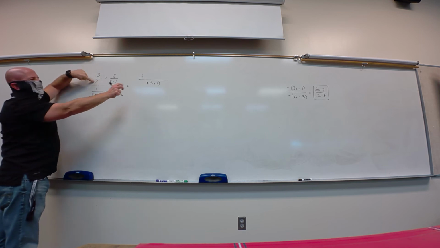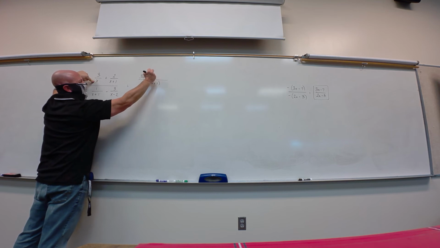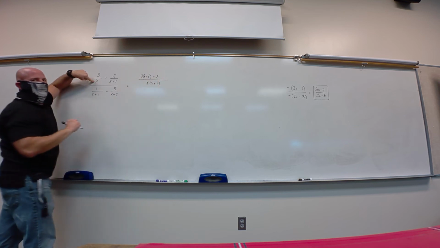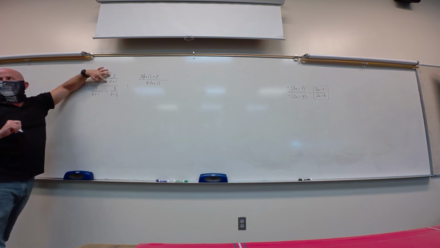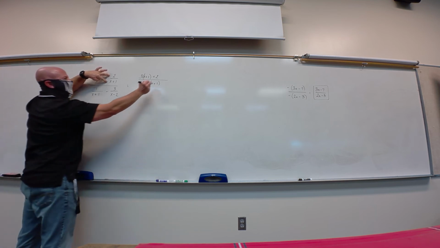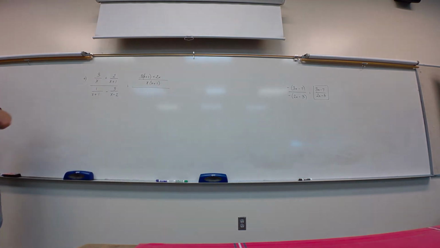Okay, I have an x. I look at my common. I need the x plus 1 with the 3, plus 2. I have the x plus 1. This means I need the x with that 2. Everyone okay with the top?